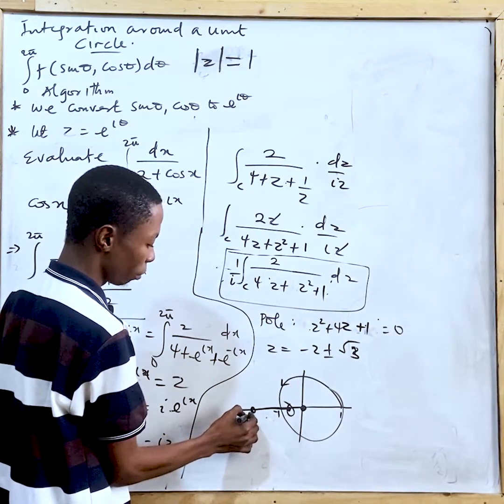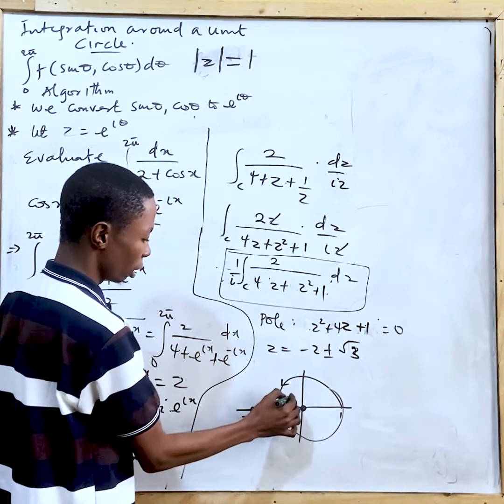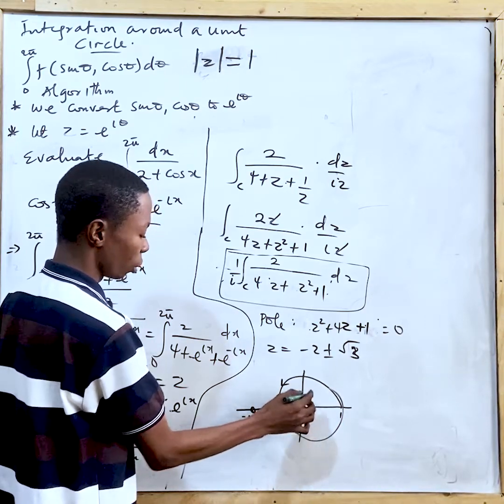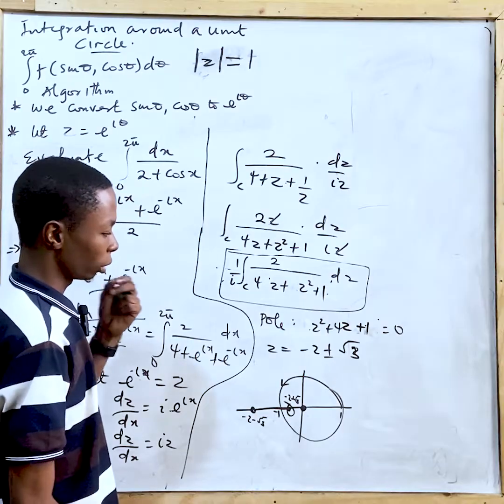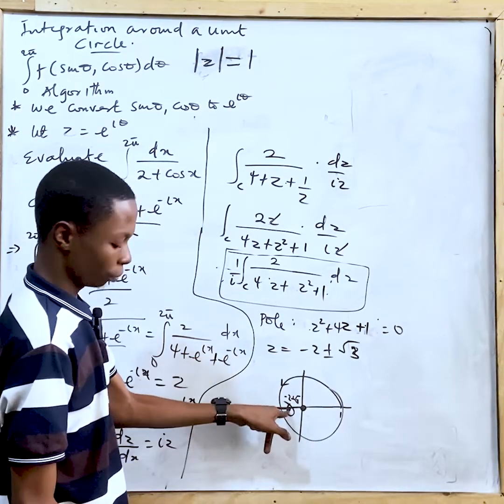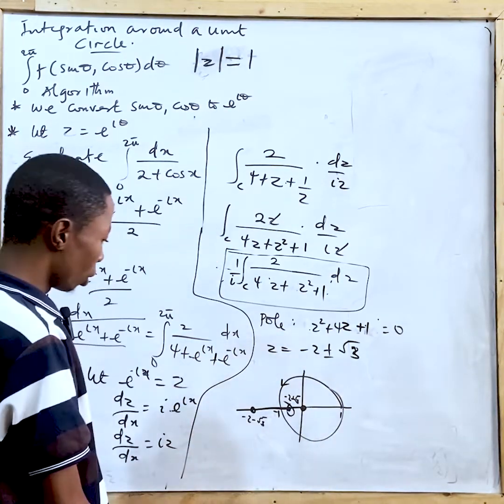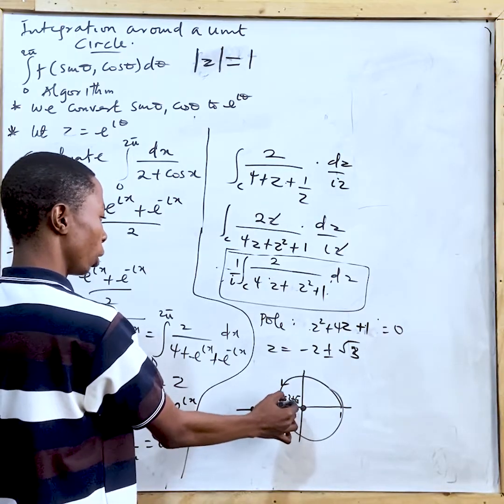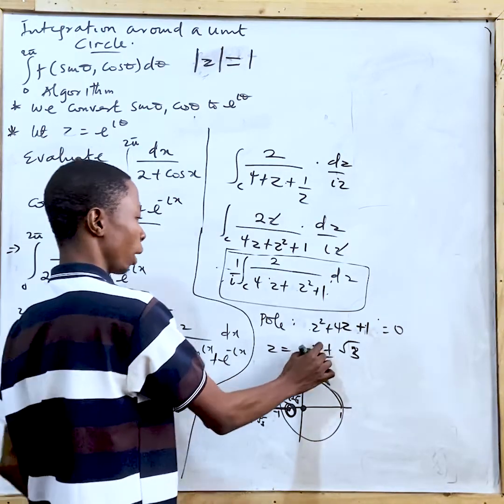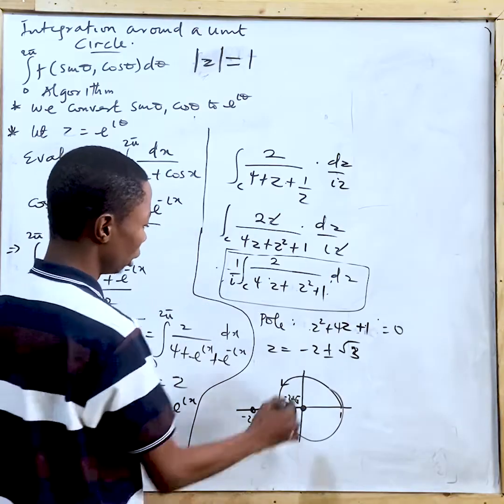Because root 3 is around 1 point something, and if you add that to minus 2, it will be around this edge. So it's only the pole z equals minus 2 plus root 3 that is within the contour.